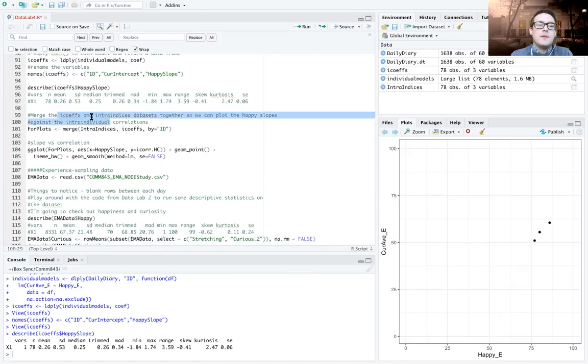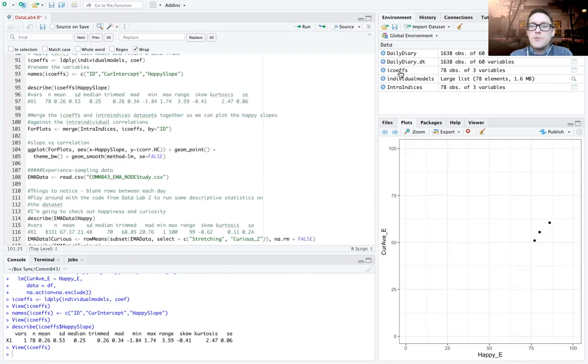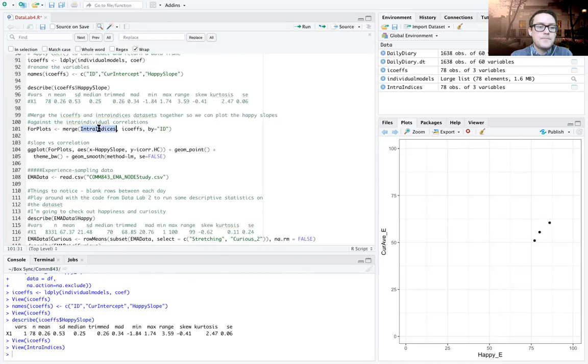Let's see how the intra-individual regression slopes correspond to the intra-individual correlations. So now we're going to create a new data set called for plots, because we're going to use this data set for plotting. You might be able to come up with a better name. And we're going to merge this intra-individual coefficients data set with our intra-individual indices data set from our daily diary data.